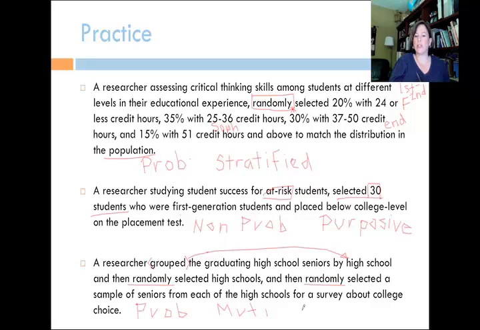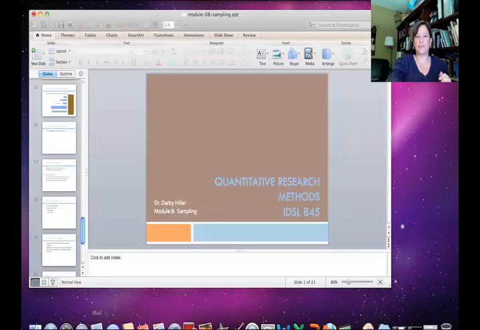So we have multi-stage, cluster, and then simple random sampling. Those are 3 examples. And that's the end. You should be set to go to be able to do the sampling method exercises. Thank you.